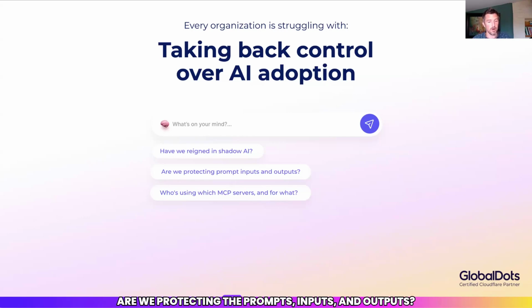Are we protecting the prompts, inputs, and outputs? Are people leaking PII or other information that we don't want, personal or company information? And then, who's using which MCP servers and what for? These are common things that I think every business is facing in this explosion of AI that we have today.